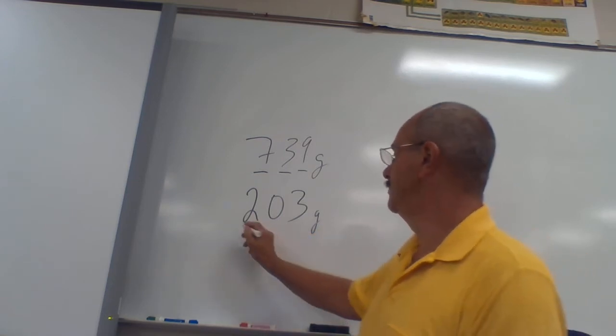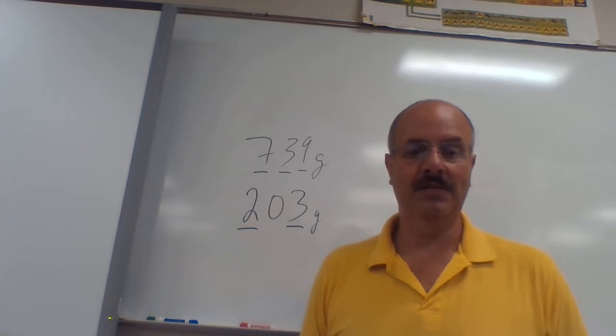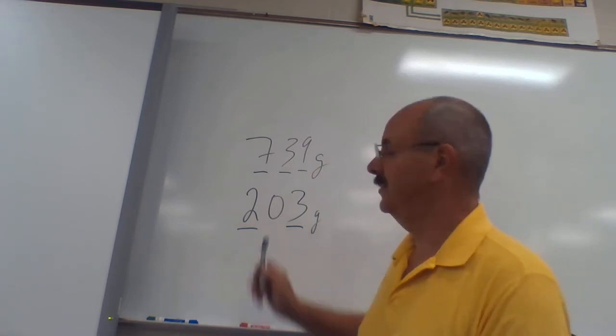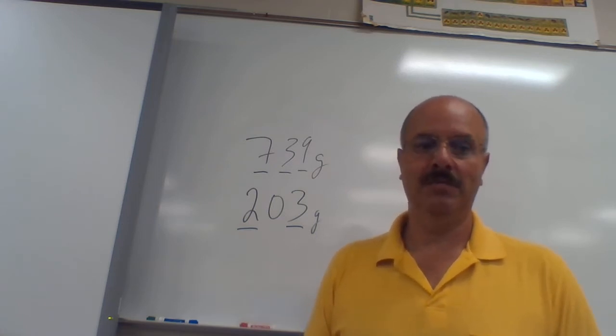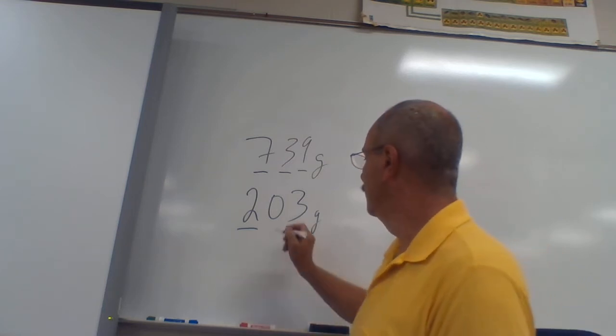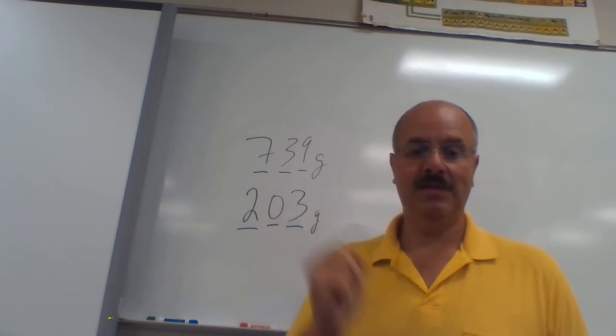Well, we know you measured the 2 and the 3 according to rule A, because those are non-zeros. So we have 2 significant figures to start with. The question is that 0: is it significant? Yes. According to rule B, zeros between non-zeros are significant. So this measurement has 3 significant figures.